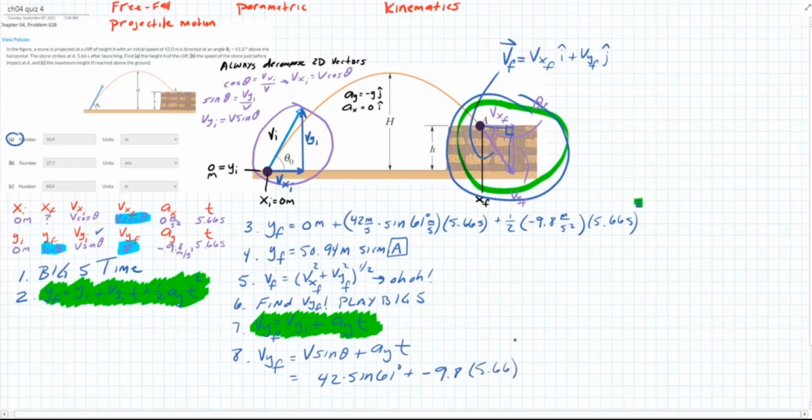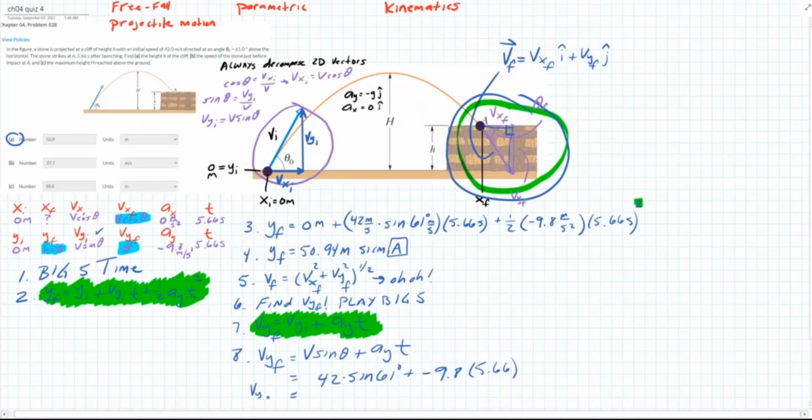I'm leaving off the units. I'll let you do the dimensional analysis. In the interest of brevity, let's just get a value. 42 times sine of 61 minus 9.8 times 5.66, negative 18 and some change.